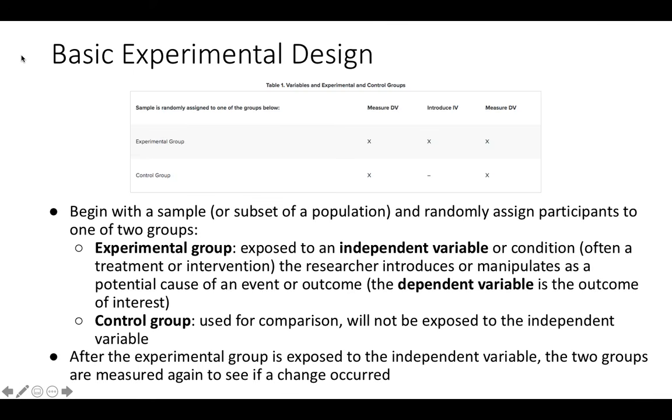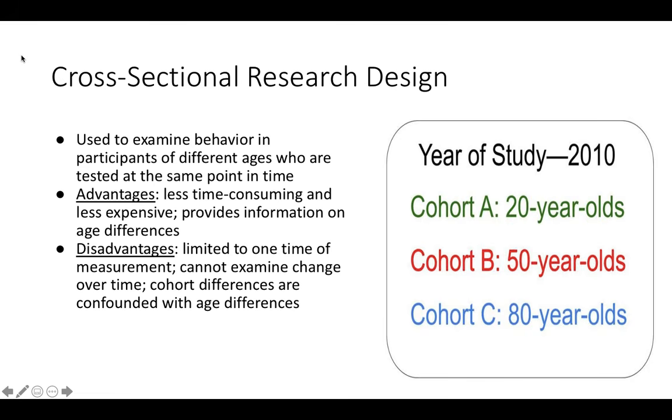Okay, so another couple forms of study that we're going to overview are cross-sectional research versus longitudinal research. Whenever I'm referring to cross-sectional research, there are some advantages and disadvantages. Cross-sectional research takes a lot less time than longitudinal research.